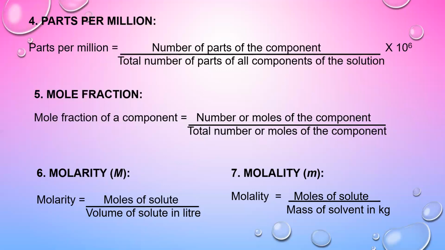The solution of higher concentration is also known as stock solution. And the thing we need to note for molality is that the molality of a solution does not change with temperature, since mass remains unaffected by temperature. So molality is independent of temperature, whereas molarity is dependent on temperature.